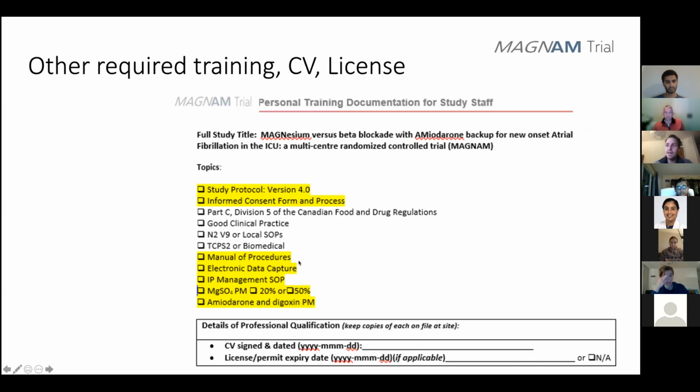There's a very in-depth manual of procedures, which explains in more detail everything that we're talking about today, that you guys have as a resource, as well as a truncated or synopsis version of that. We're going to go over some of the electronic data capture, and that's going to be done by Keith today. And then there's some drug management and some details there.